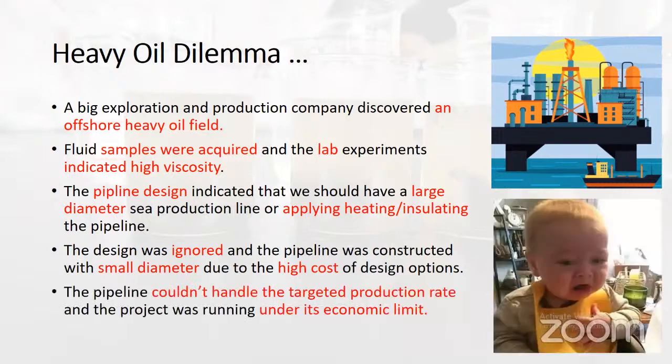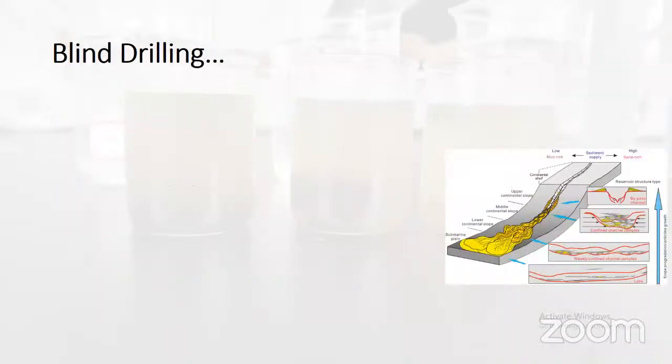The result is that the platform wasn't able to reach the production target. It was again a great loss for this company because it invested a lot of money, but because of the bottleneck of the production line, they couldn't reach the production rate target.